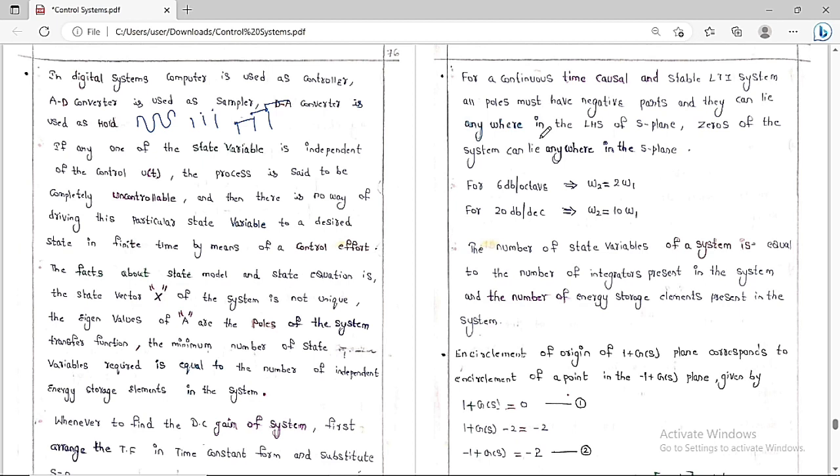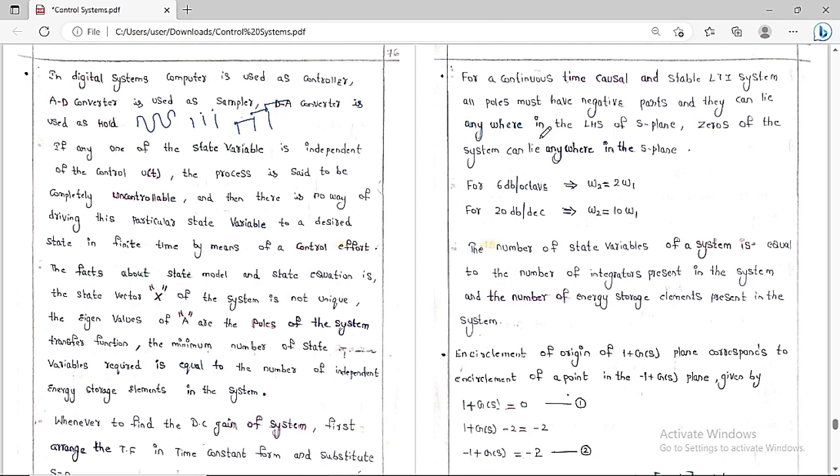So for a continuous time, causal as well as stable LTI system, the poles must lie only in the LHS of the S plane, and the zeros can lie anywhere in the S plane. So we can say, for a continuous time causal and stable LTI system, all poles must have negative real parts and they can lie anywhere in the LHS of the S plane, and zeros of the system can lie anywhere in the S plane.